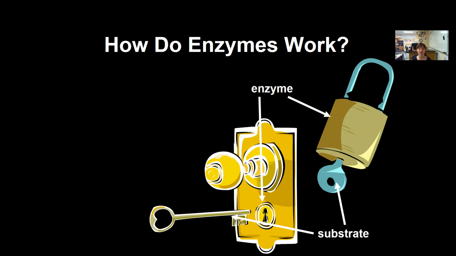So an enzyme works like a lock and a key because an enzyme fits to a molecule called a substrate. And when the enzyme and substrate come together, just like a lock and key, a reaction happens. The other way that enzymes and substrates are like locks and keys is that they're specific. Just like there's only one key for your front door, there is only one substrate for each enzyme.